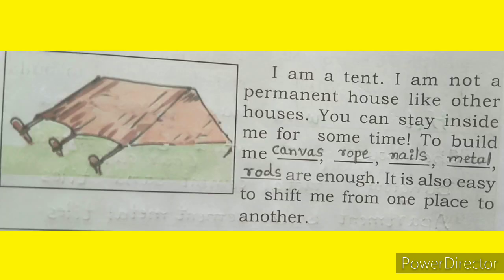I am not a permanent house like other houses. You can stay inside me for some time. To build me, canvas, rope, nails, metal rods are enough. It is also easy to shift me from one place to another. A tent is not a permanent house. It is easily carried from one place to another.